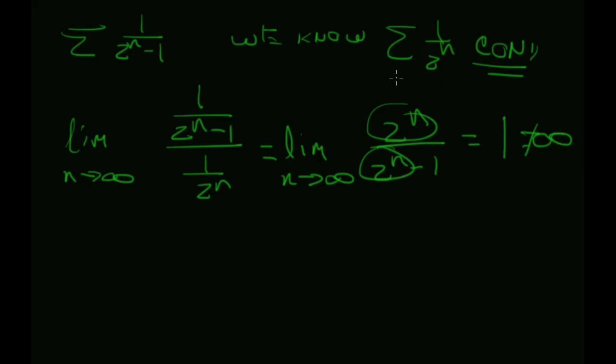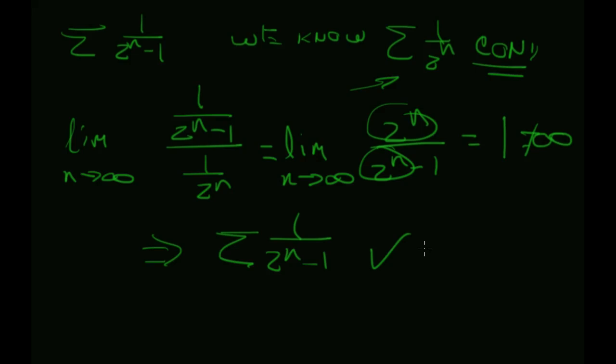So this means since this converges, we now know so does the other one. And I'm done. So this is my workaround for when the comparison test doesn't work. The comparison test is really fast, but the limit comparison test will work in those cases where the comparison test kind of leaves you hanging.